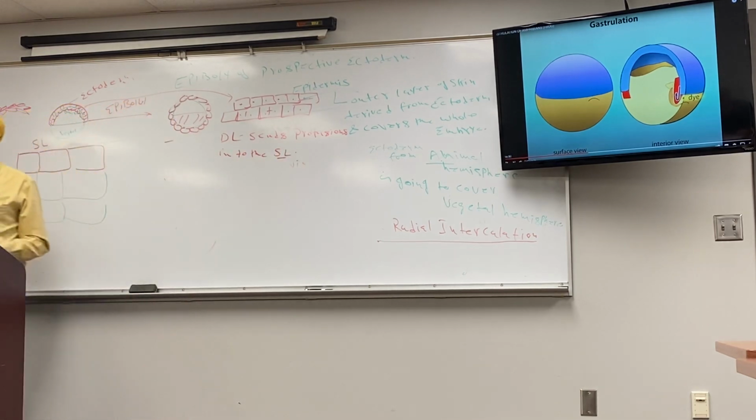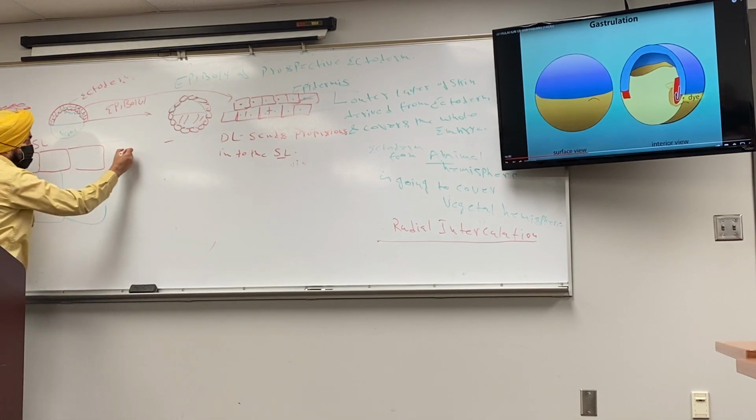What is that? For example, this cell is there, this cell is there. They change the shape, let me draw it here.